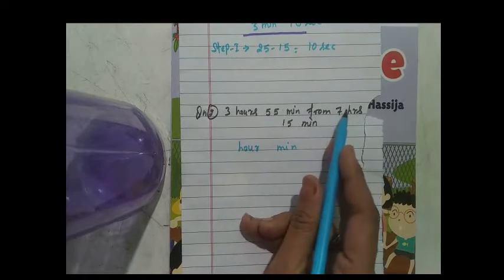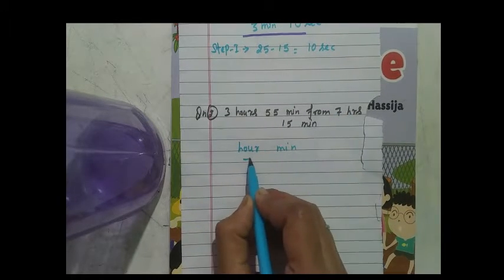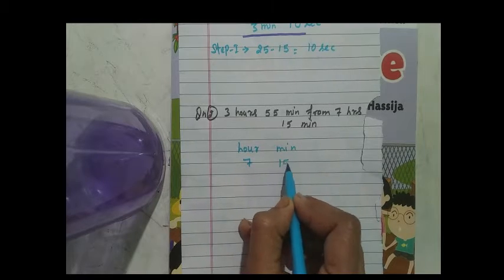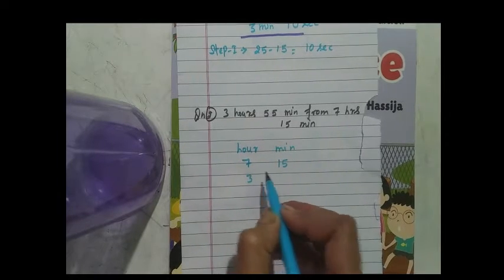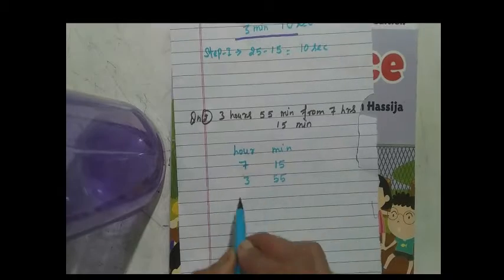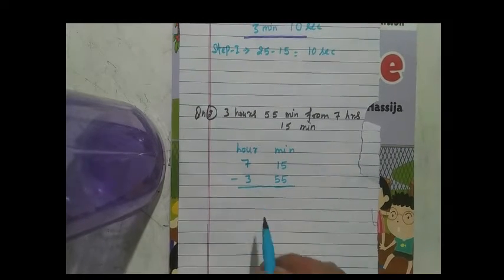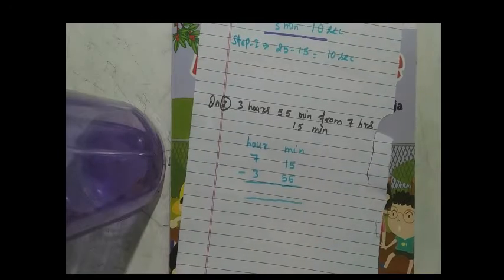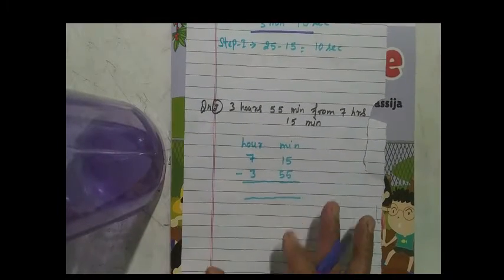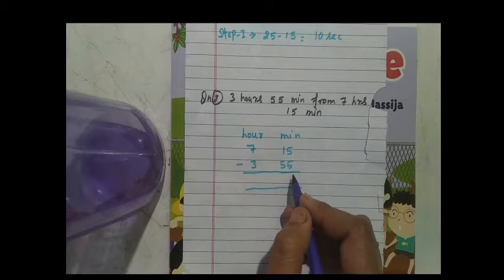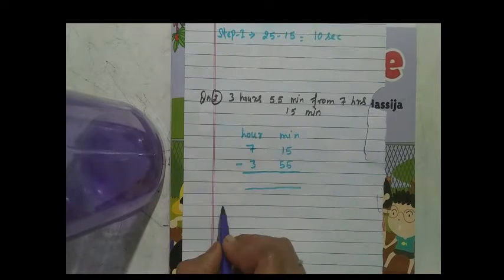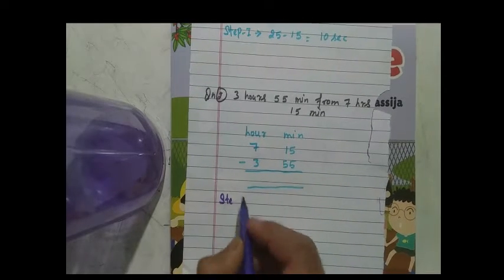Arrange the first value 7 hours 15 minutes, then 3 hours 55 minutes. Put the minus sign and then do the subtraction. What I have told you, do the subtraction or addition stepwise. So step 1 for this.